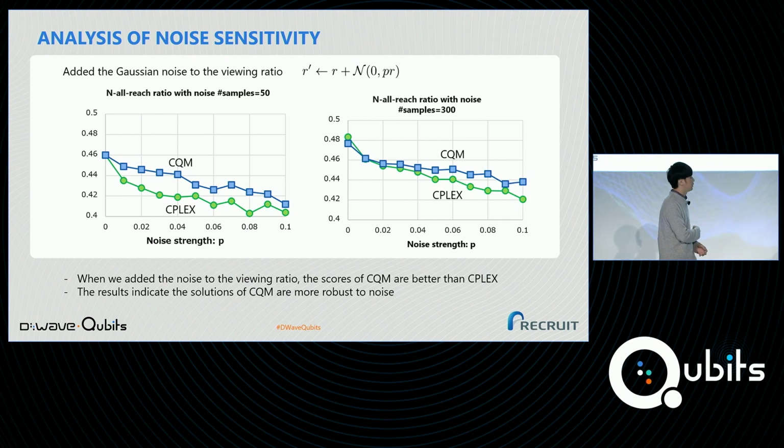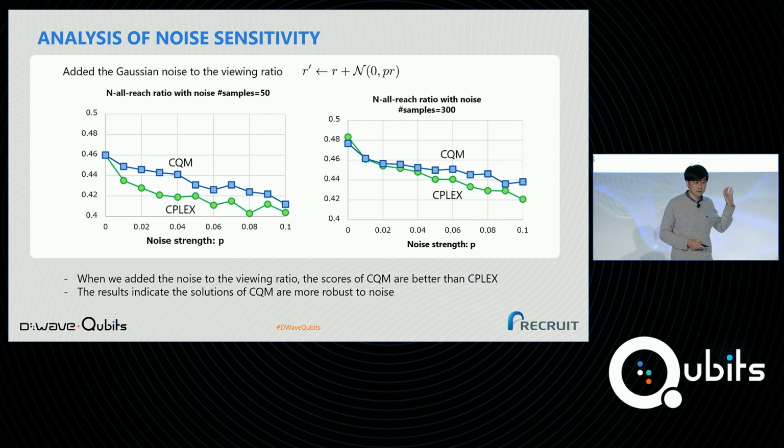The x-axis is the noise strength P, and the y-axis is the evaluation score. P equals 0 means there's no noise. When there's no noise, the scores of CPLEX and CQM are the same. But if we gradually increase the noise strength, the score of CQM gets better than CPLEX.